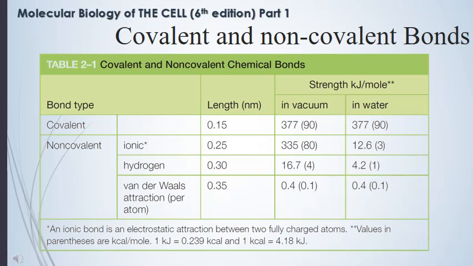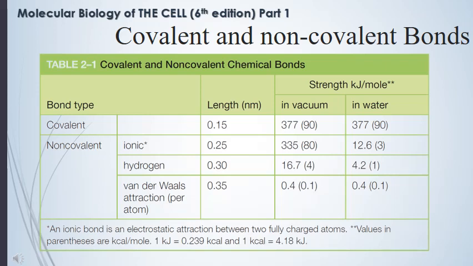So now let's talk about some of the bonds that exist, both covalent and non-covalent. Here is a table that shows bond types, covalent, non-covalent. And we have previously already established that the covalent bonds are strongest.